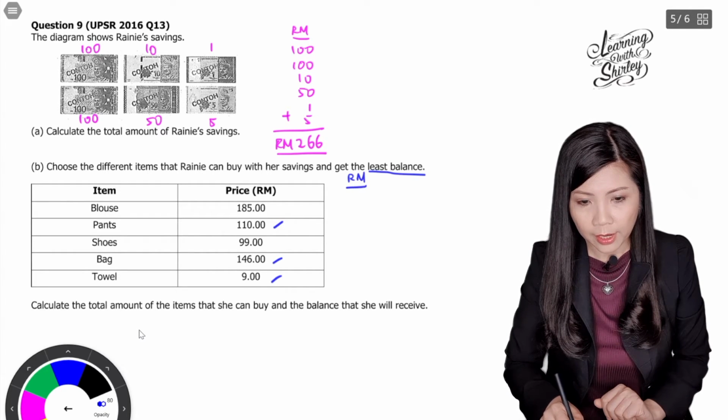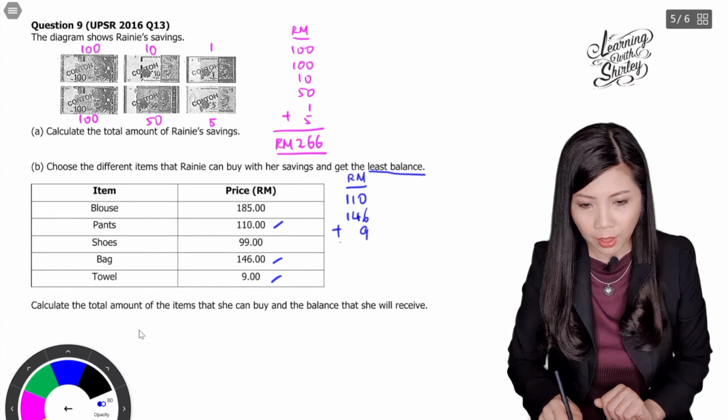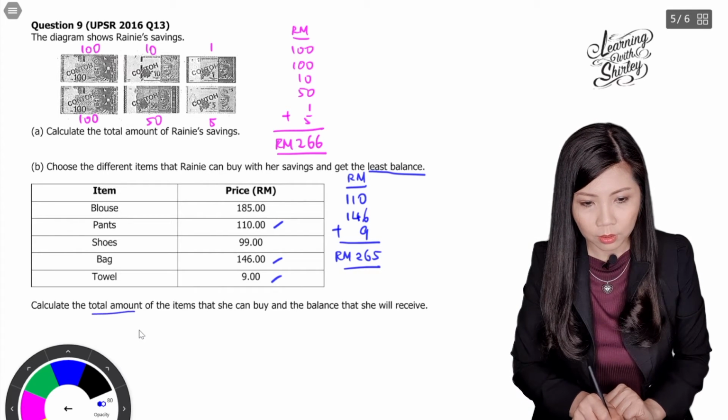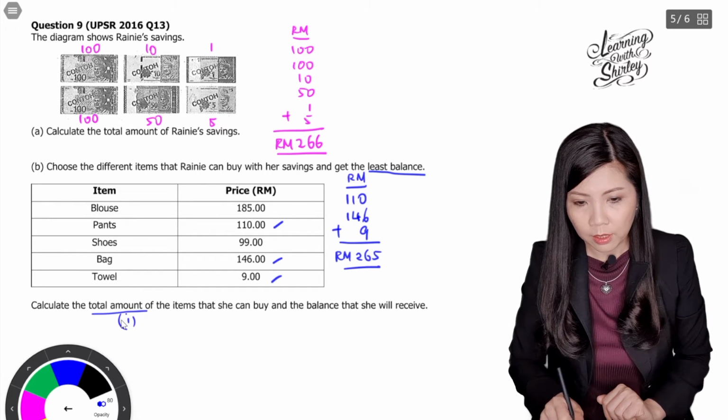So 110 plus 146 plus 9, we'll get 265. This is the total amount of the items, which is the answer for number 1.